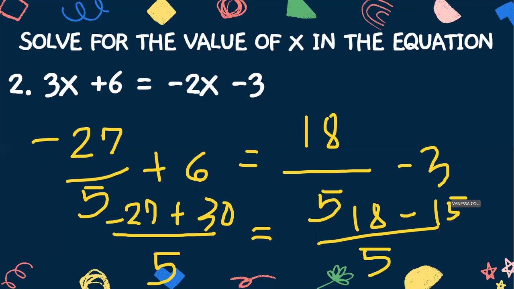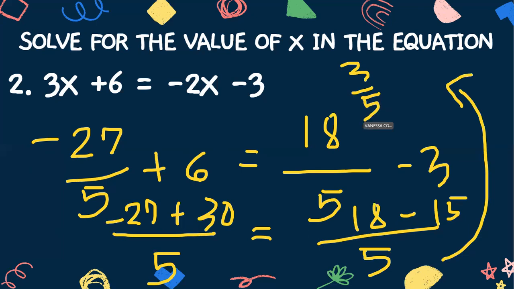So, dapat parehas po silang sagot. So, negative 27 plus 30, ilan po? Negative 27 plus 30, magkaiba, ima-minus po natin. That is, what? Ito po ang sagot 3 over 5 is equals to, ganun din dito, 18 minus 15. So, that is 3 over, then capital denominator 5.